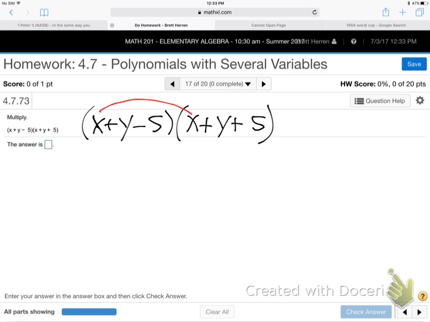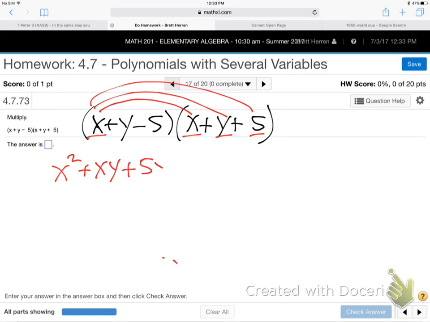So that x goes to all 3. X to all 3: x squared plus xy plus 5x. Done.